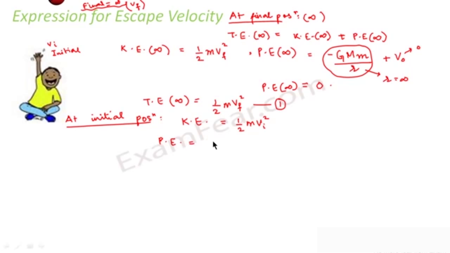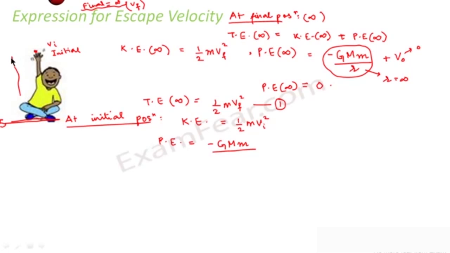The potential energy at the initial position would be minus G m1 m2 by r. What would be the value of r here? As I told you before also, this r is nothing but the distance from the center of the earth, right? So let us suppose that this point where he is holding and sitting is the surface of the earth, and at this point he is holding the ball.